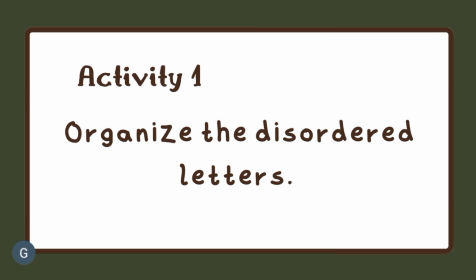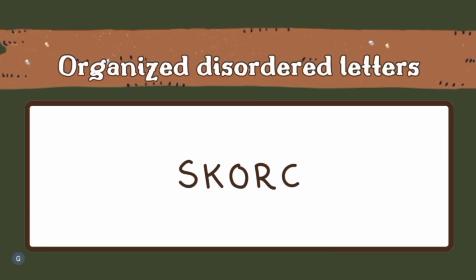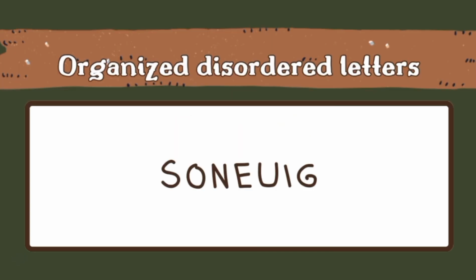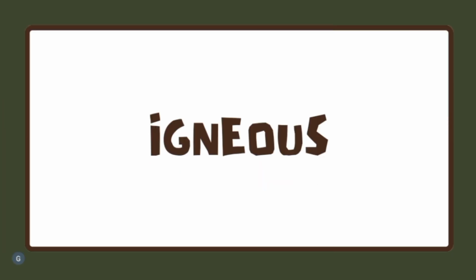Since we already understand that lesson, we are going to delve into a new one. But before that, let's have first an activity. All you're going to do is to organize the disordered letters. Let's begin. What do you think is this? Correct. That is rocks. How about this one? Tama, ito ay igneous.